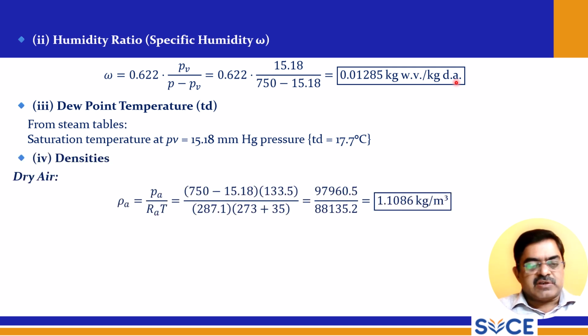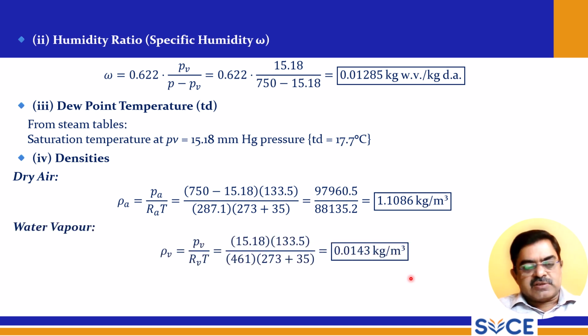Now densities. For dry air, rho A equal to PA by RA T. By substituting all these values, we are getting 1.1086 kg per meter cube. That is the rho A, density of dry air. And for water vapor, rho V, we can also calculate by substituting the values, now that we know all of them.